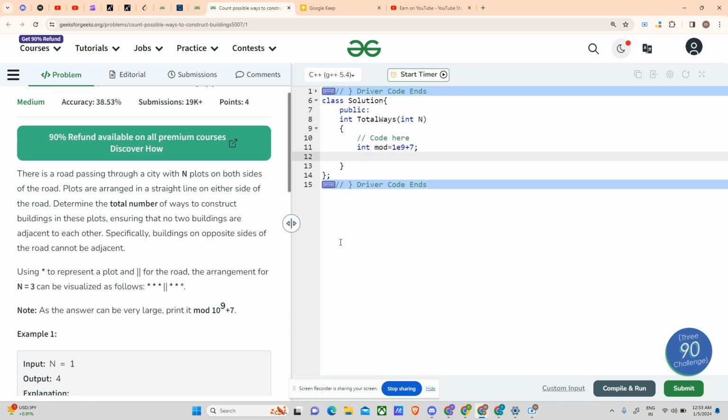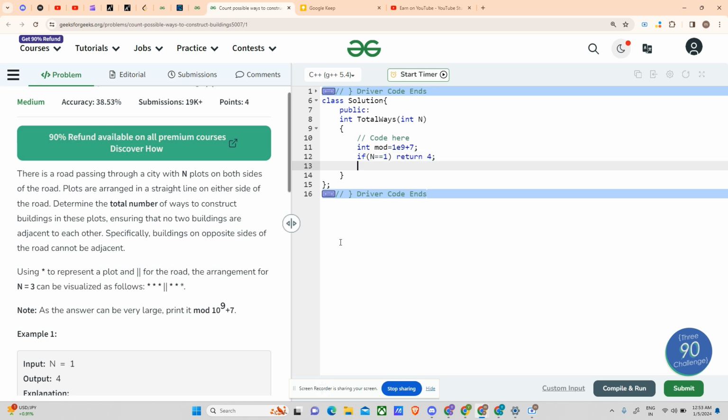Now the base condition is if n equals to 1, return 4. Else, long long, I'm using long int because it has been given that the answers can be very large. So just for safety, I'm using long int. My long int b would be initially 1. Similarly, my s would be initially 1. And just initialize bn1 and sn1.